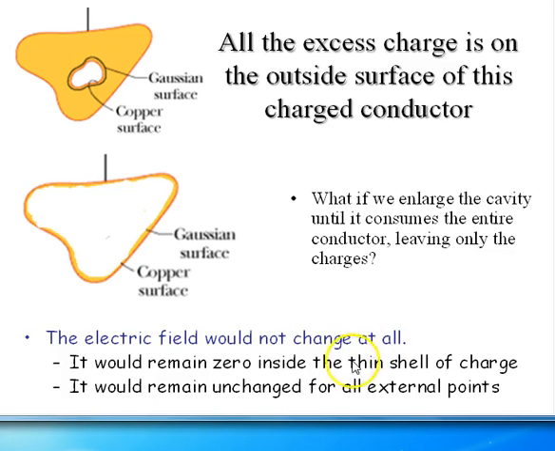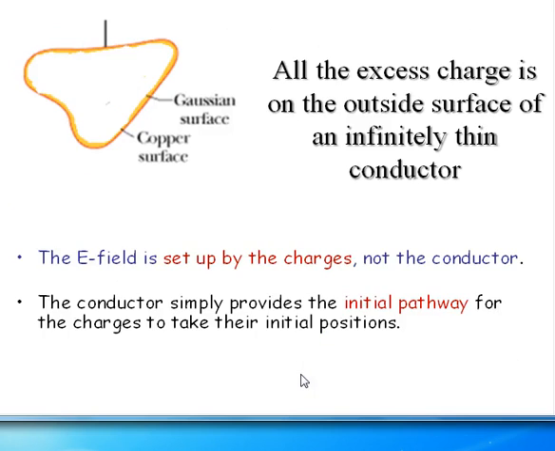The electric field wouldn't change at all. It would remain 0 inside this thin shell of charge, and it would remain unchanged at all the external points. So what that tells us is the electric field is set up by the charges, not the conductor. The conductor is just providing this initial pathway for the charges to take their initial position.